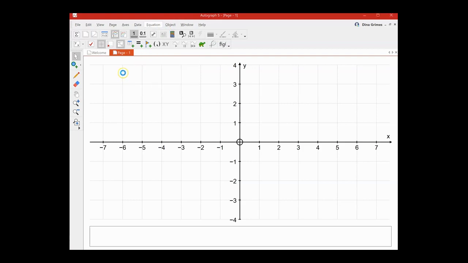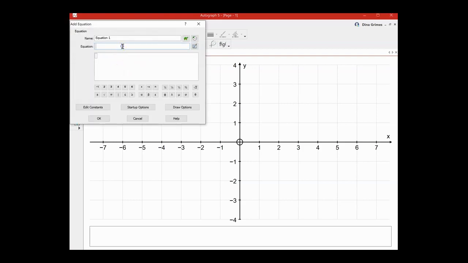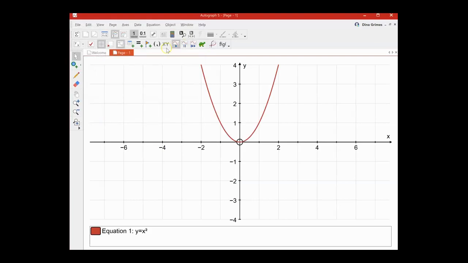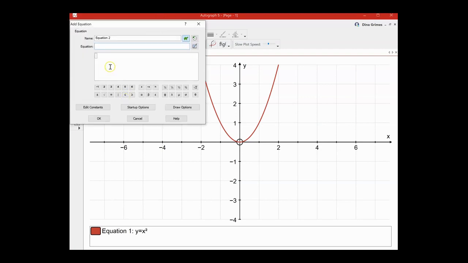So for this example, we're going to be using y is equal to x squared. So just double type the x and you have the x squared. That's your graph. Now let's see what's going to happen if we put a number inside the bracket.